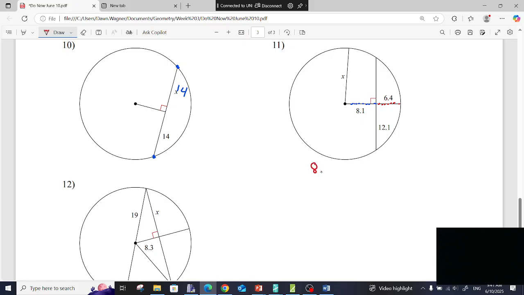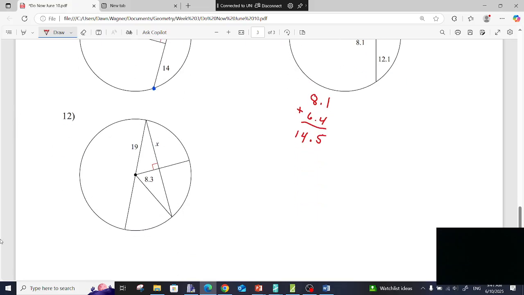So for this one, all you had to do is add 8.1 and 6.4 together. And that gives you this length here. So what's that? 14.5.